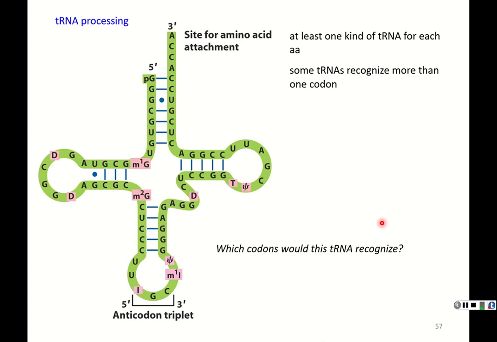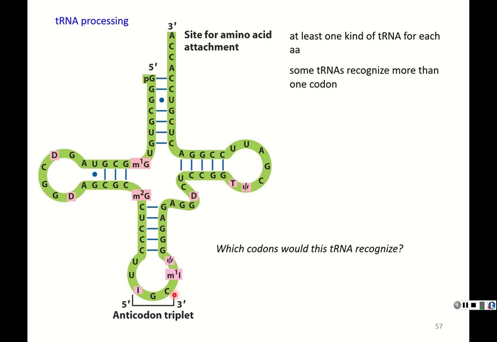Well, there's at least one kind of tRNA for each amino acid. Some tRNAs recognize more than one codon, and again that's because you have that wobble position. So in this case, what codons would this tRNA recognize? Well, remember, I, at the wobble position, can recognize 3 different nucleotides.